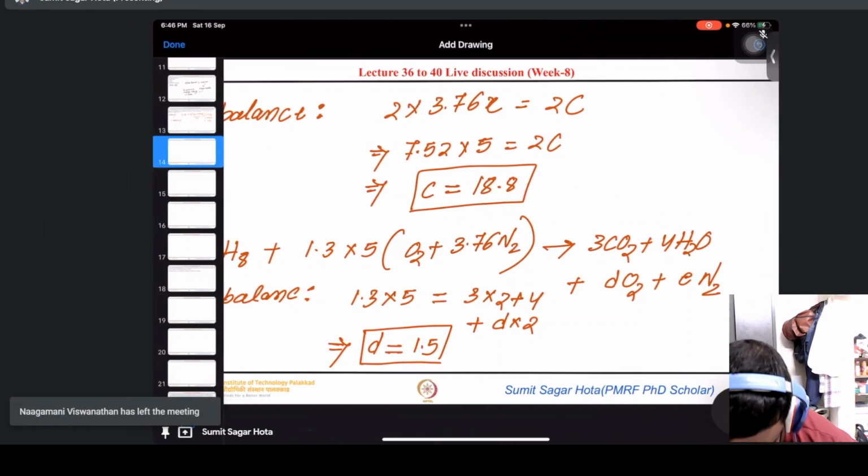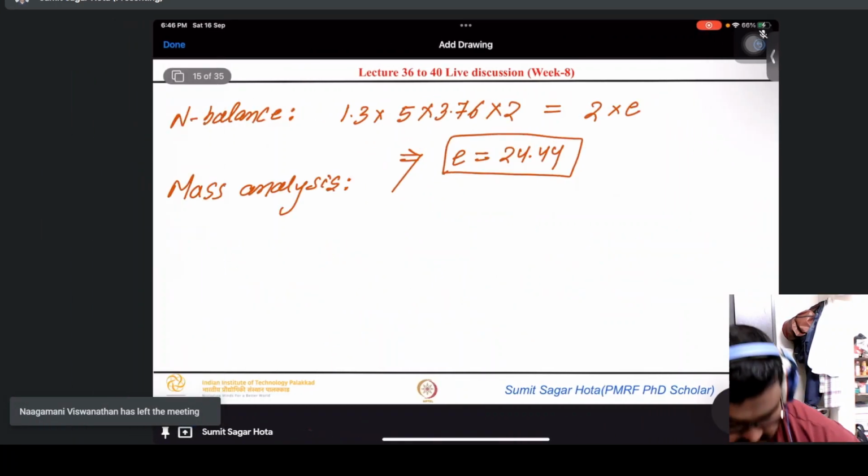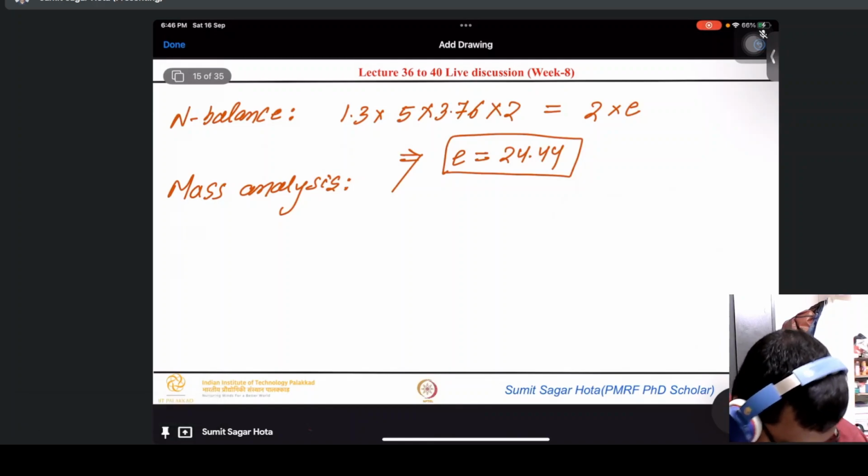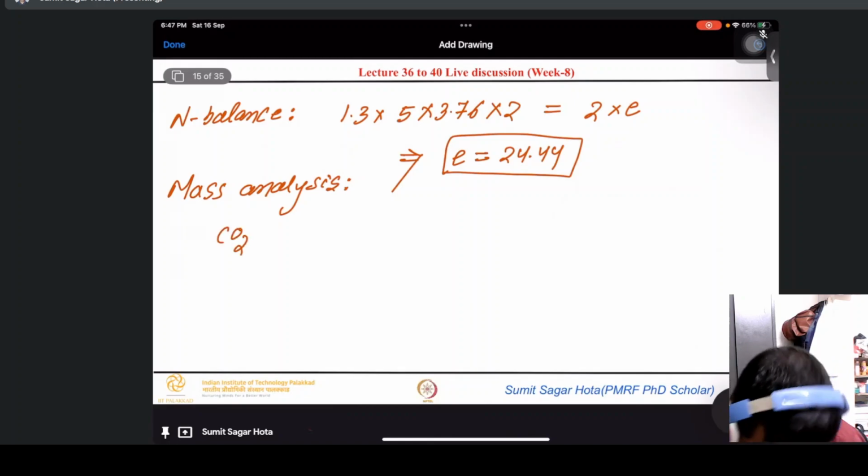First, what you do is mass analysis. So for CO2, it is 3 into 44.